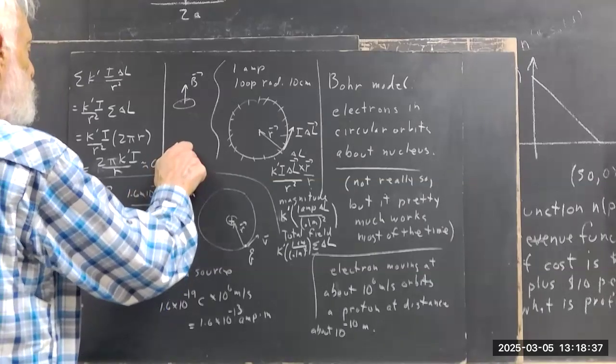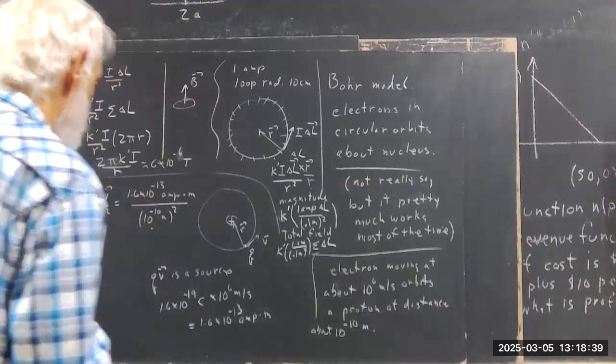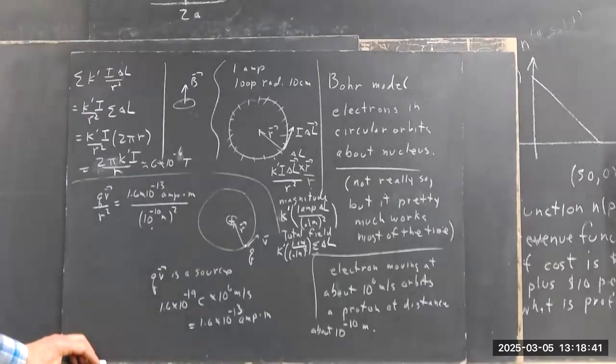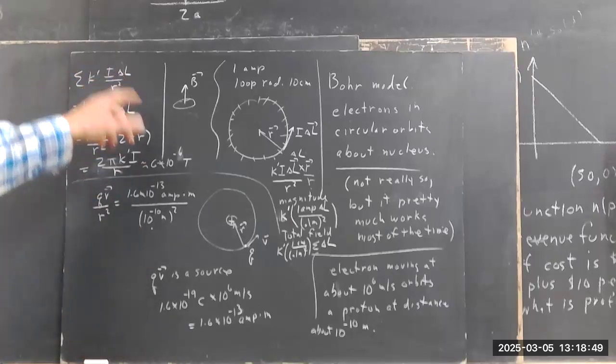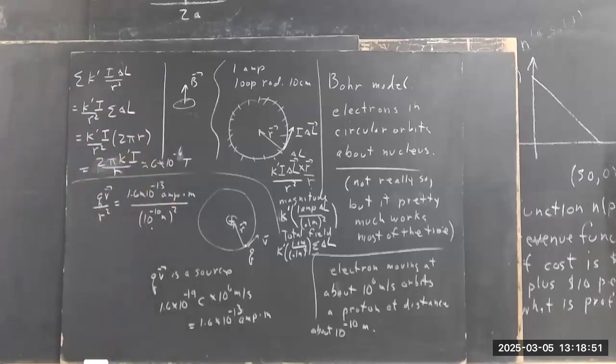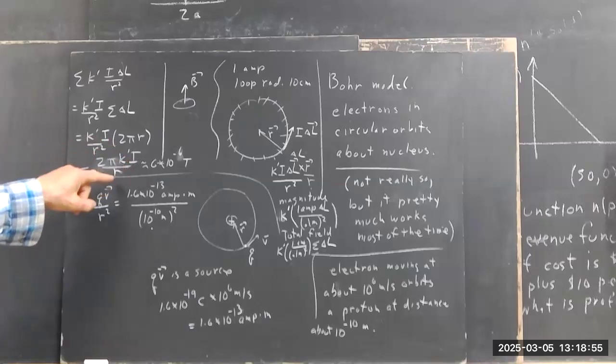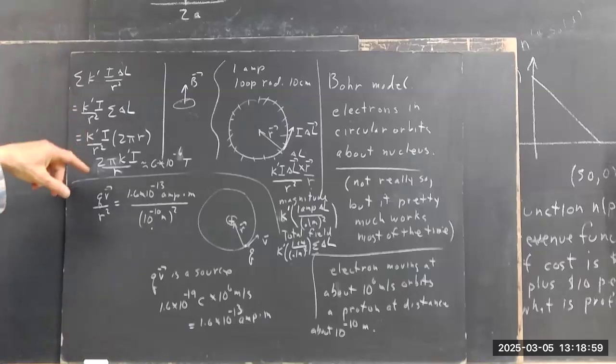And you get something like 6 times 10 to the -6th. You can verify that calculation. But if I is 1 amp and R is 1/10 of a meter, B is about 6 times 10 to the -6th Tesla. Comes out like that.